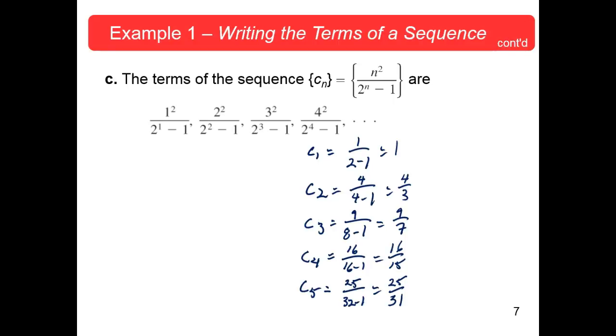Even though n squared is getting large, 2 to the n is getting extraordinarily large, and soon it's going to overpower it completely. And that limit, I think, will go to 0. It may take a while, but it will head that way. Now, let me erase that. Any questions on these so far?